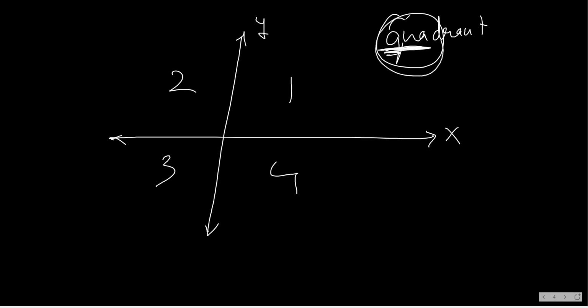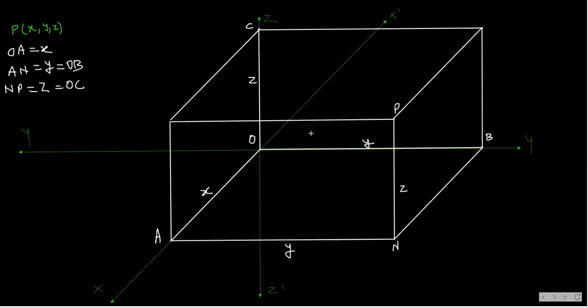Now you don't have quadrants because there are 3 coordinate axes. When they intersect each other, you will have 8 octants. And this cuboid is one of those octants.